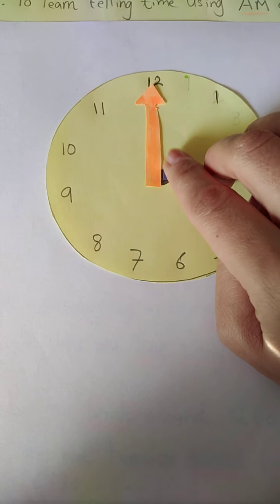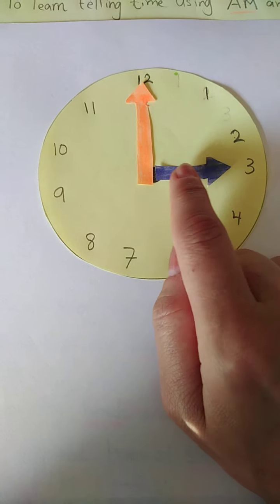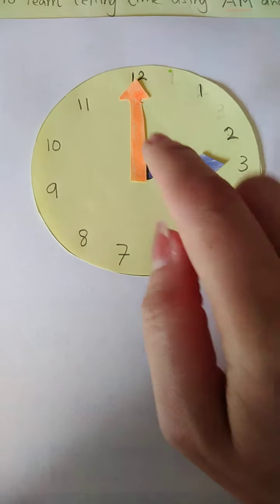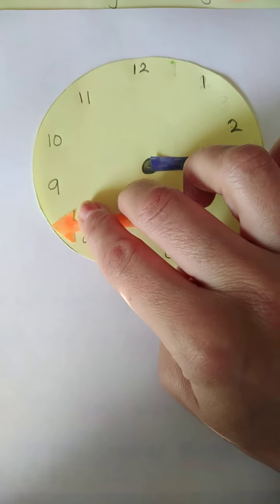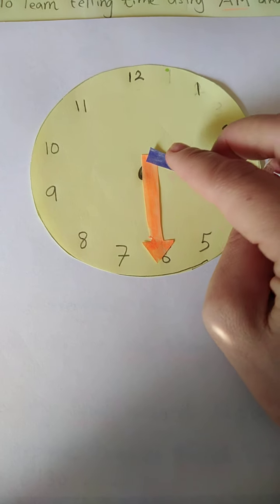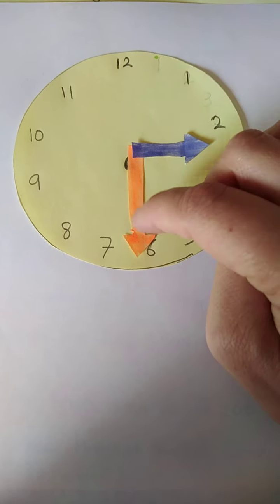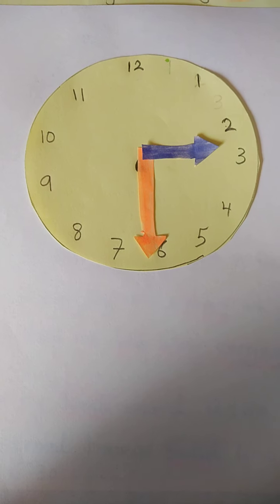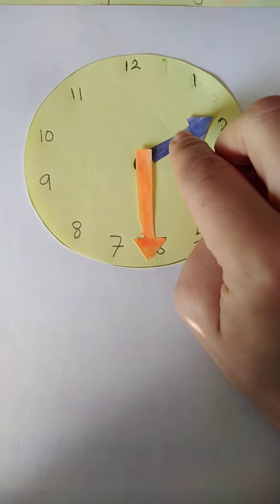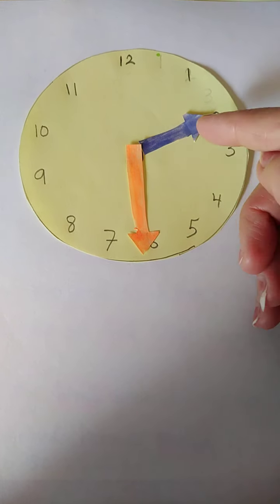If I want to say half past 3, I'm going to take this short arm that indicates 3 hours, and half past stays on 6. So whenever I want to say half past, the longer arm stays on 6. Half past 2. See? Half past 2.